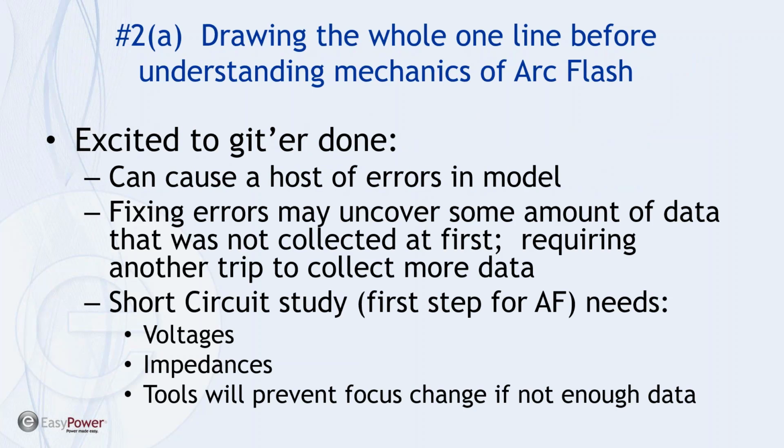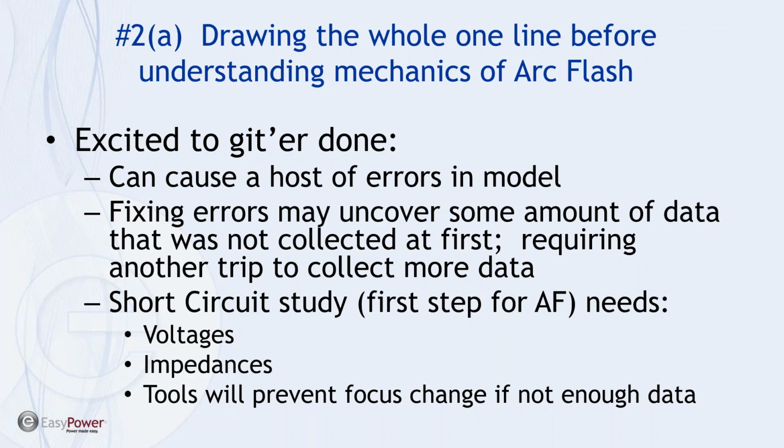And so what this does, especially if they don't understand the mechanics of either the EasyPower tools they're using or frankly the arc flash paradox, it can cause a host of errors, and fixing the errors may require actually going back and collecting more data at the site, which will incur wasted time and a need to kind of redo, frankly, the one line multiple times.